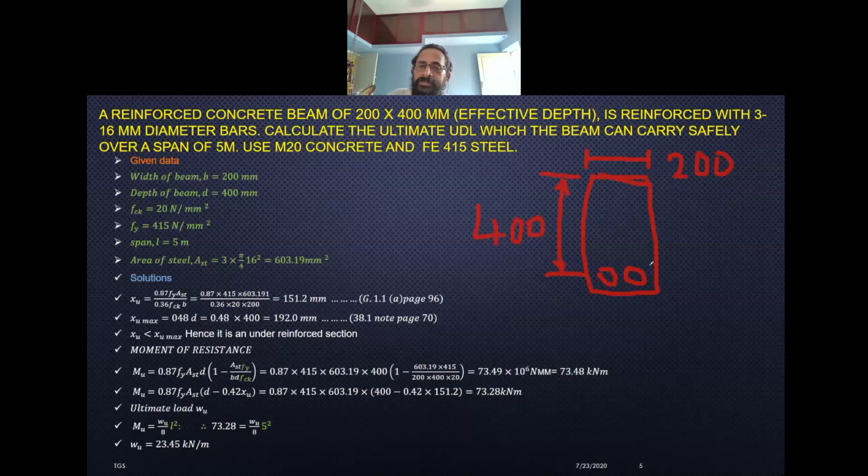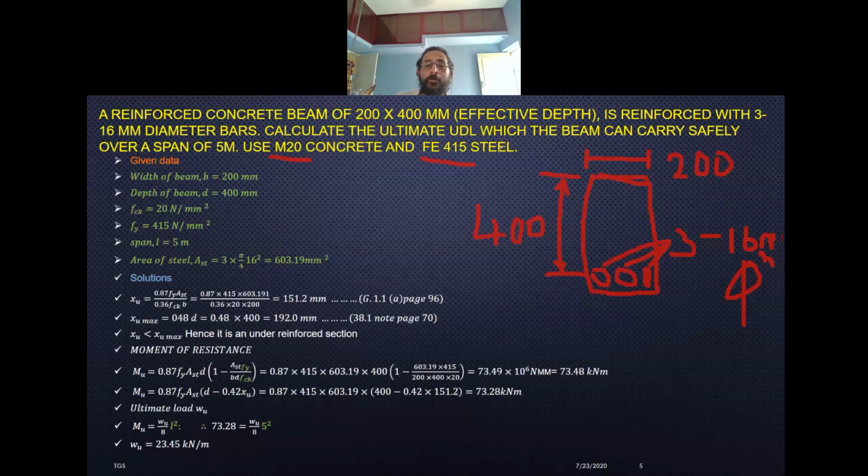Then 3 number of bars. Number of bars is 3. 3 numbers, 16 mm diameter bar. This is the question. And concrete is M20 concrete and steel is Fe450.